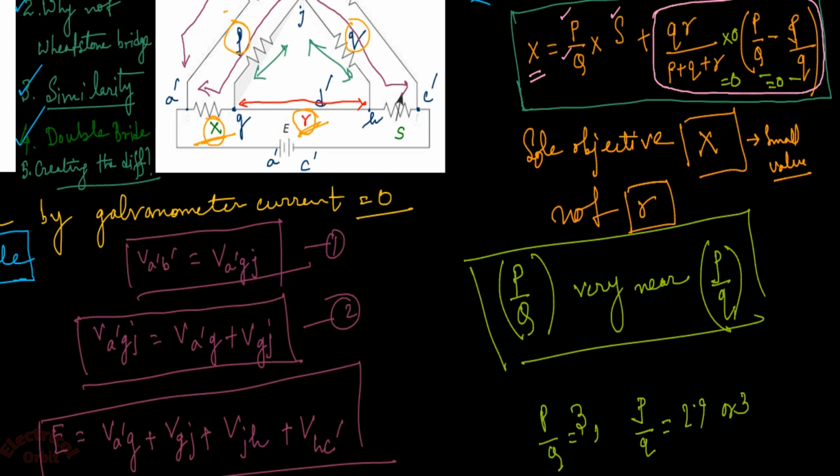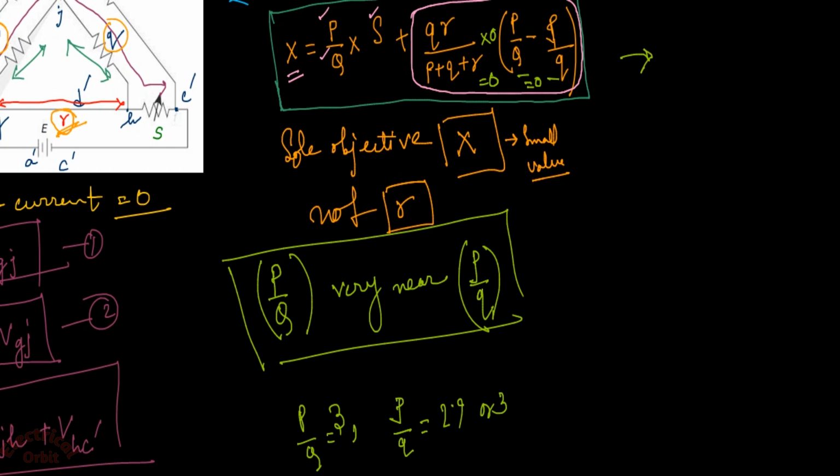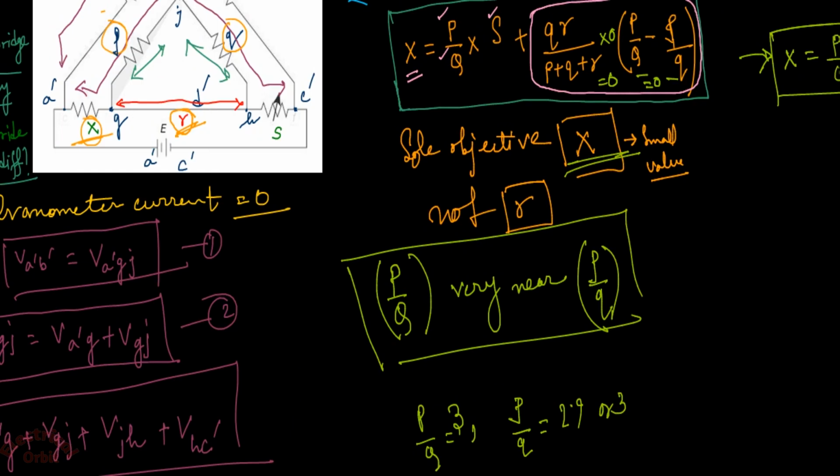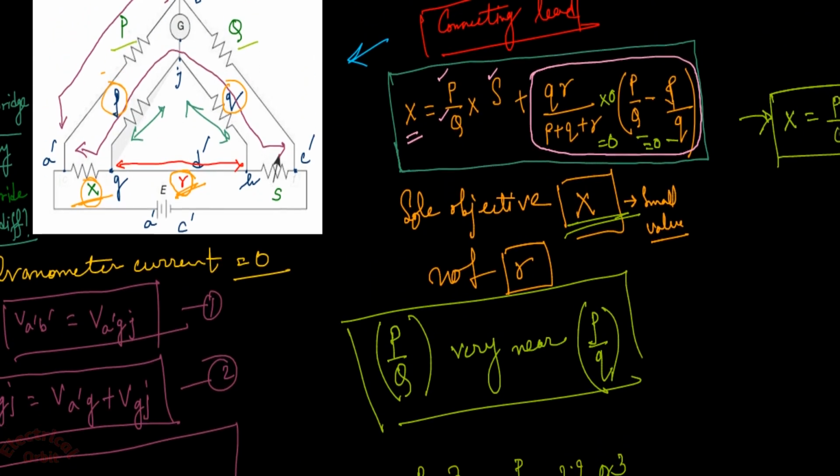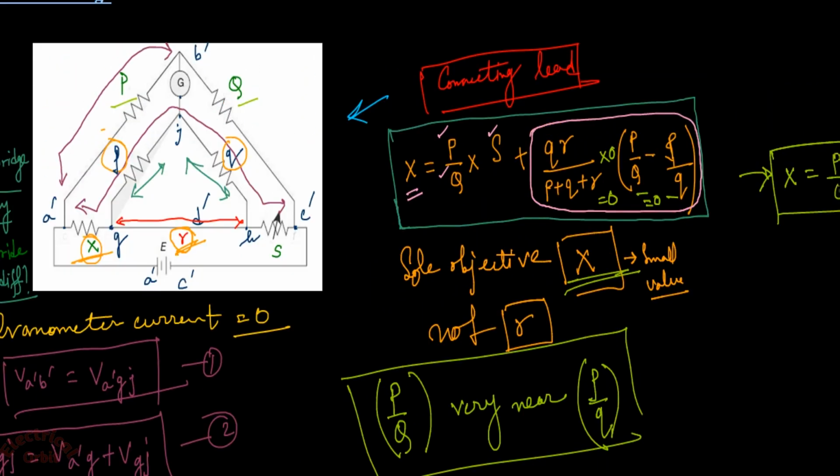So we are getting simply from this equation X is equal to P by Q into S. That was our objective. This is the reason why the inner arms or the small p, small q, were connected additionally with the Wheatstone bridge in order to make a Kelvin double bridge and calculate the small resistance value.